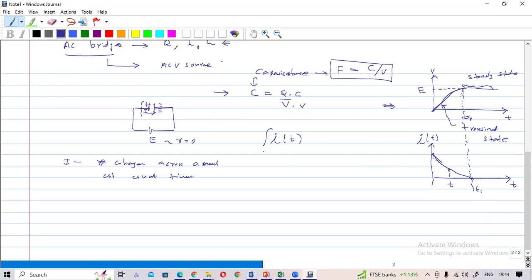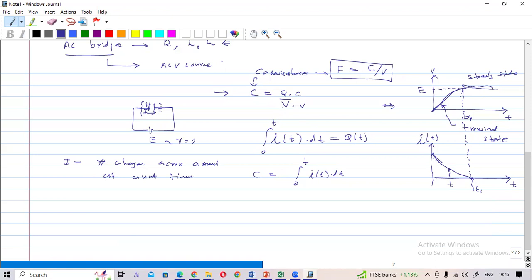That means from 0 to T, if you integrate i dt with respect to dt, you will get the total charges up to time T. So you can use this definition, then you can write C is equal to Q, and instead of Q you can write the integral of i(t) dt, divided by V.